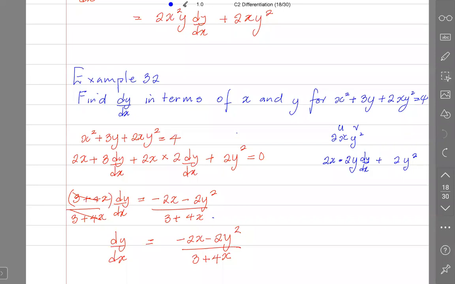All right, so yes, Jamila, you're correct. There is an error here. When you differentiate 2xy squared, you leave the first, so the first 2x is u, and y squared is v. You leave the first, differentiate the second. When you differentiate y squared, you're supposed to get 2y, so there should be a y there. You're 100% correct.